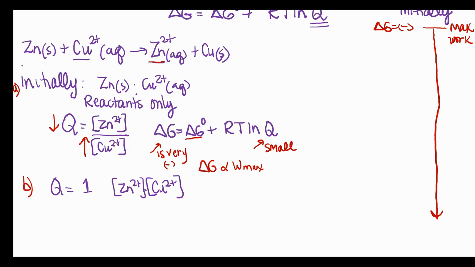At that point, you are not at equilibrium. Q equals 1, and if I come over to my equation, if Q equals 1, what's ln of 1? 0. So this term drops out. So that whole term drops out. This is where you have delta G standard conditions.